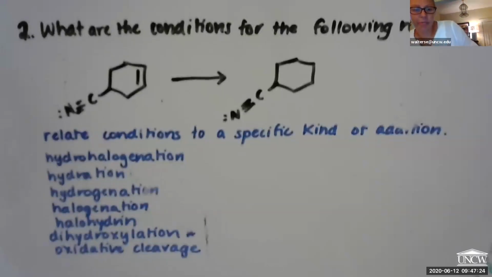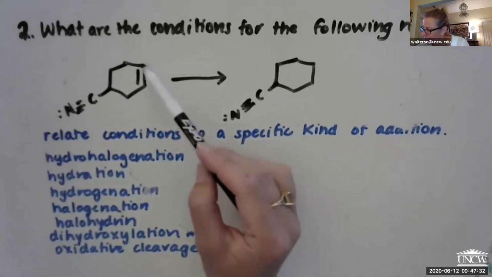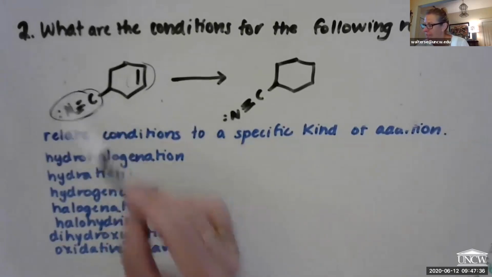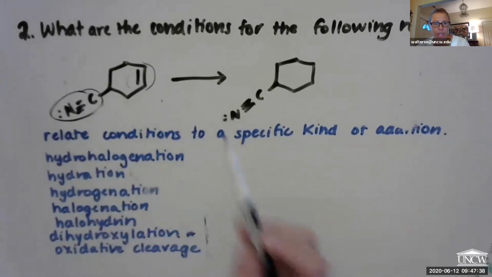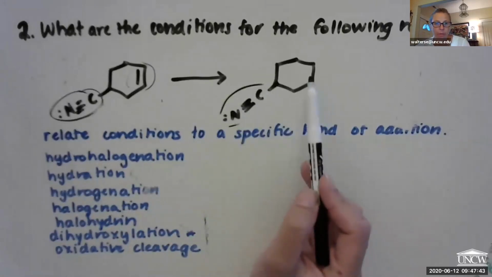Okay, does anybody need more time here? So in this reaction, you have two functional groups. You have an alkene, and then you have this nitrile. In the product, you retain the nitrile, but you've lost your double bond.